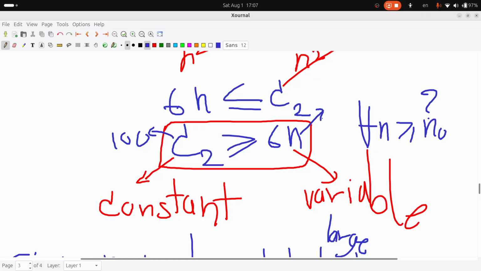What if n is 100 also? It will be 600 and the equation will be false, right?